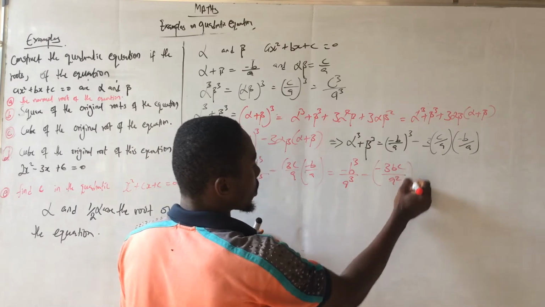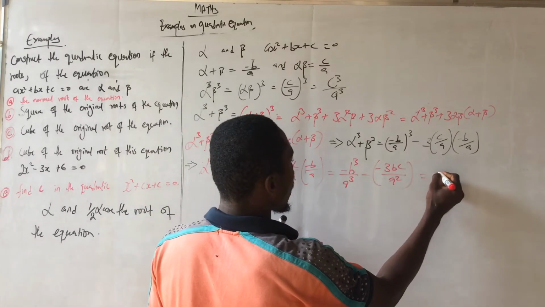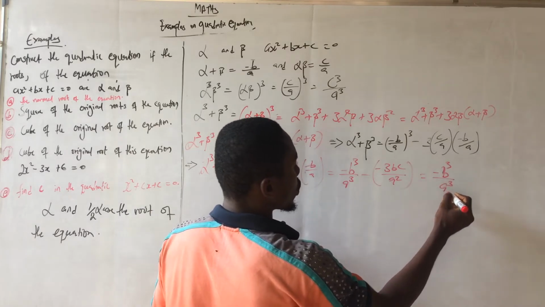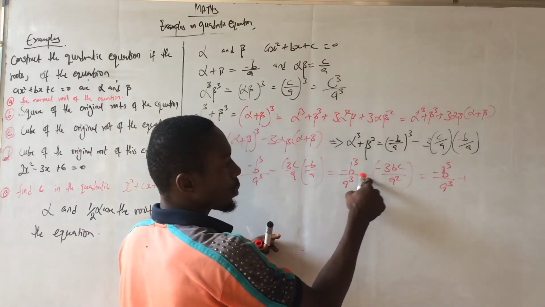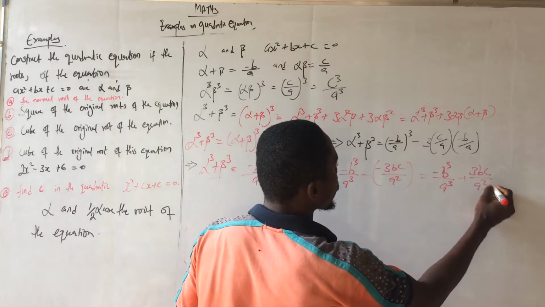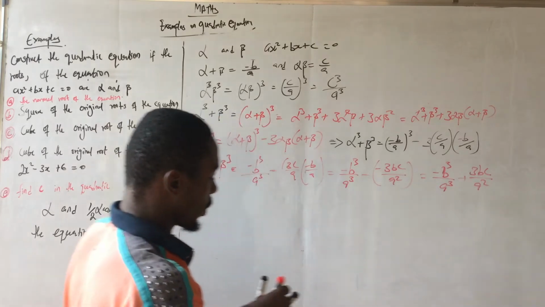Now this is equal to minus b cube over a cube minus, in bracket, minus 3bc over a square. So furthermore, I have minus b cube over a cube plus 3bc all over a square. I now look for the LCM of these two.